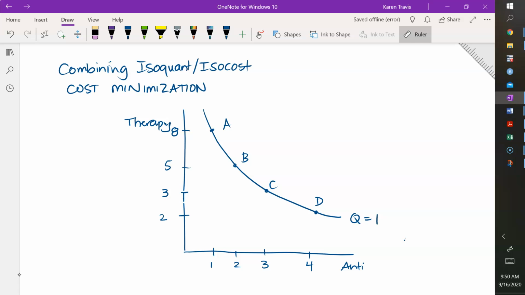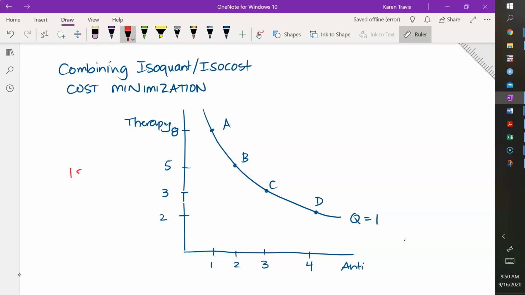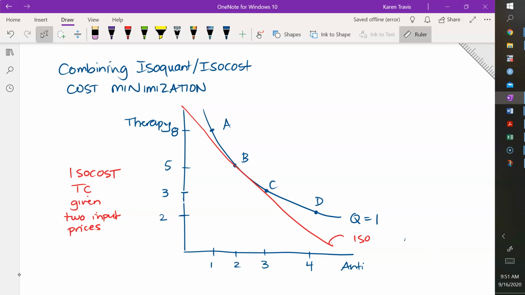Okay, so now we also knew about isocost, so let's put in the possibility of isocost, and it is describing a line always that represents our total cost that we have given to input prices. So, for example, let's think about this as my isocost.